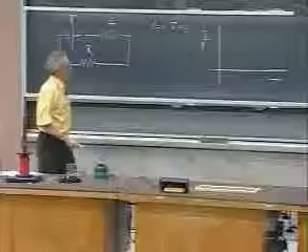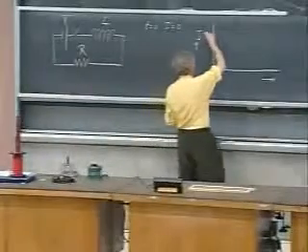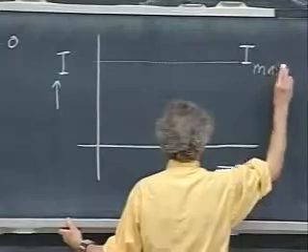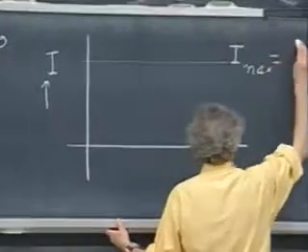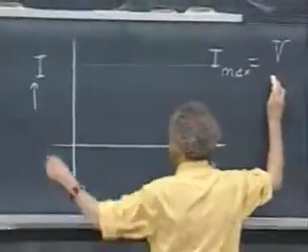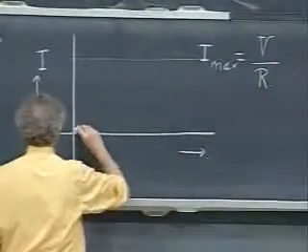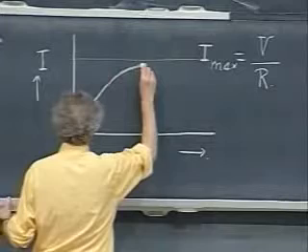You start out with 0, and then ultimately, if you wait long enough, you reach a maximum current, which is given by Ohm's law, which is simply V divided by R. And you slowly approach that value.